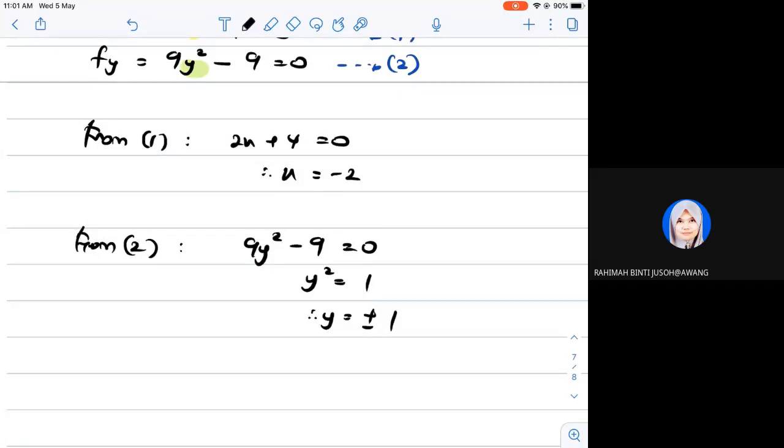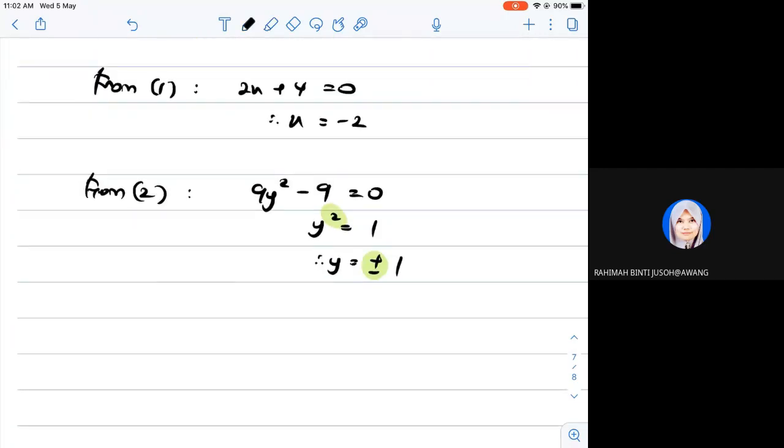Understand? Jangan tertinggal pula. Kalau kuasa dia genap, kuasa 2, kuasa 4, kuasa 6, kuasa 8, dia akan ada plus minus ni. So dia ada dua nilai. Satu positif, satu lagi negatif. Okay? Understand? Untuk kuasa genap sahaja. Kalau kuasa ganjil, you have to be careful lah. Not necessarily negative tu termasuk lah.